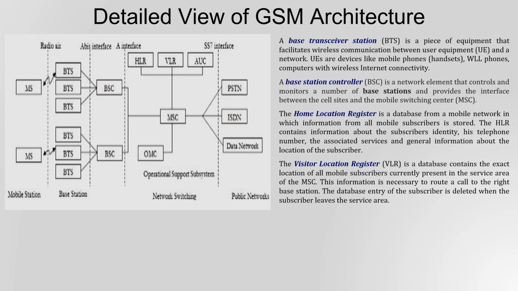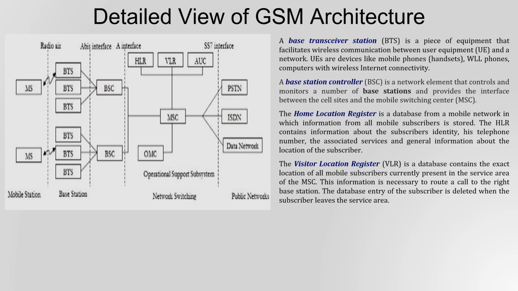This information is necessary to route a call. Without this information, I cannot identify where exactly the user is, and I cannot route the call to the user. So the VLR helps the entire algorithm trace out where exactly the receiver is, and thereby the routing will be carried forward.